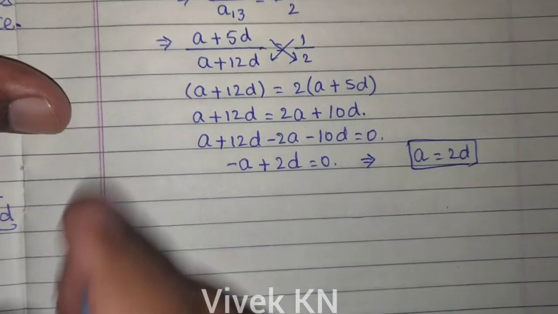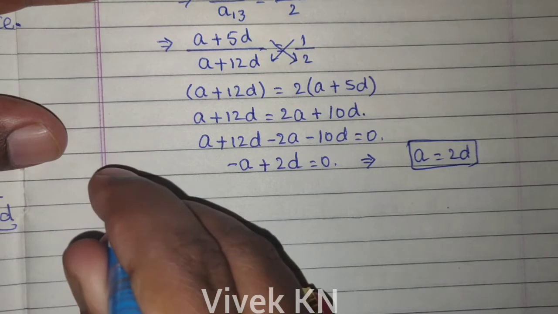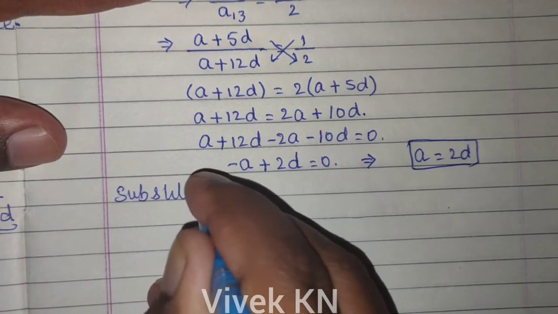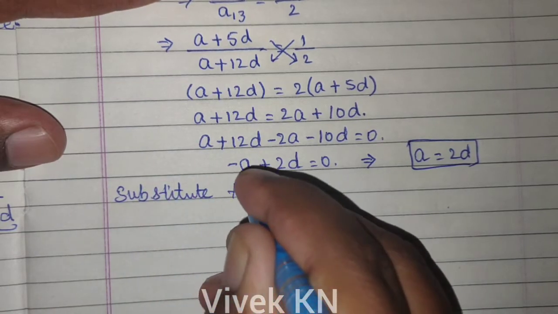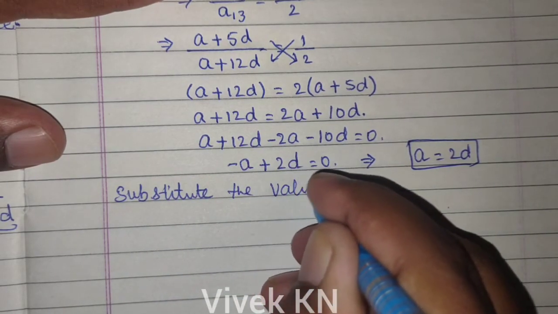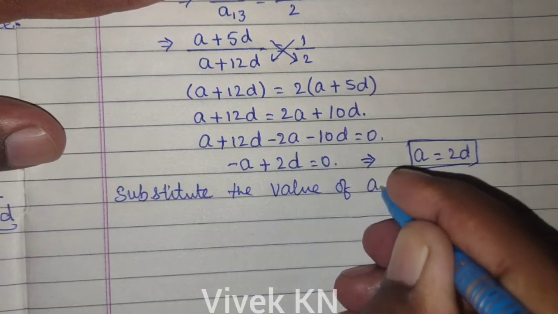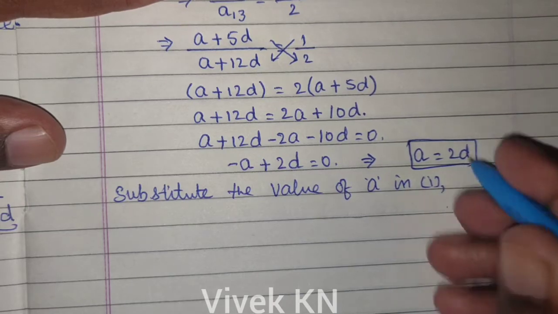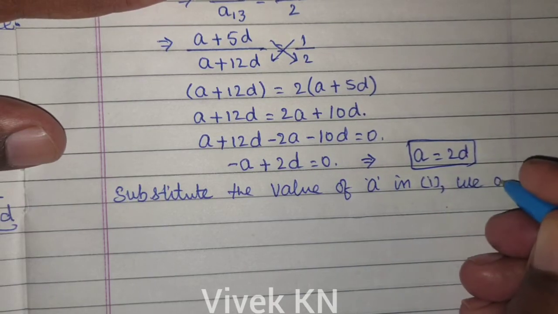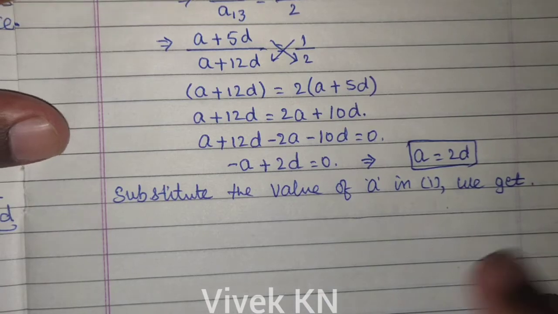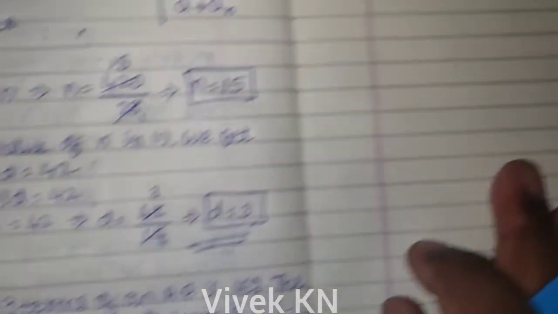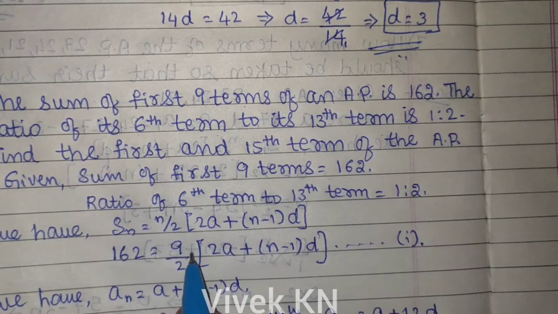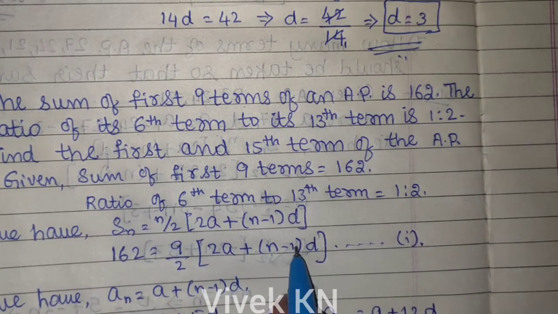Now let us substitute the value of a in equation 1. Equation 1 is 162 is equal to 9 by 2 into 2a plus n minus 1 into d.